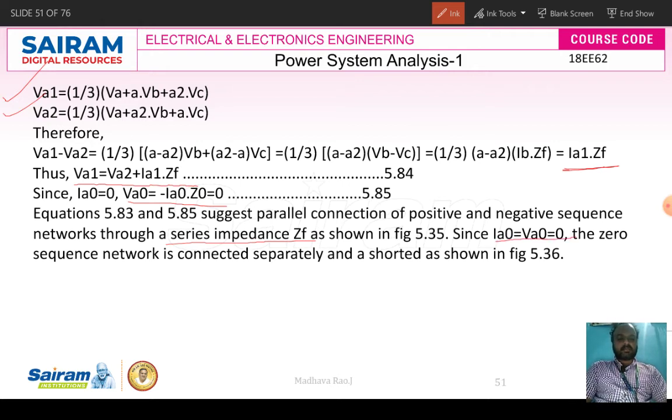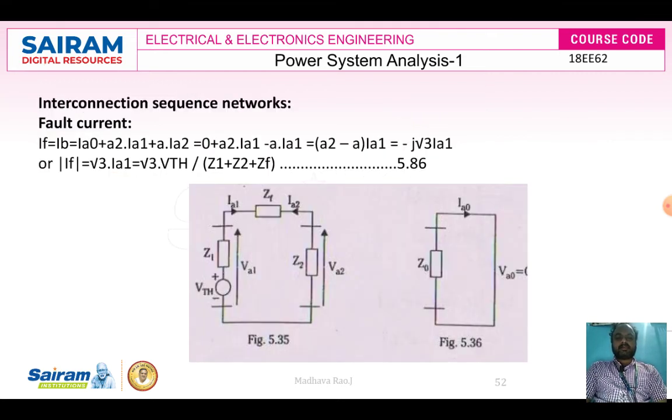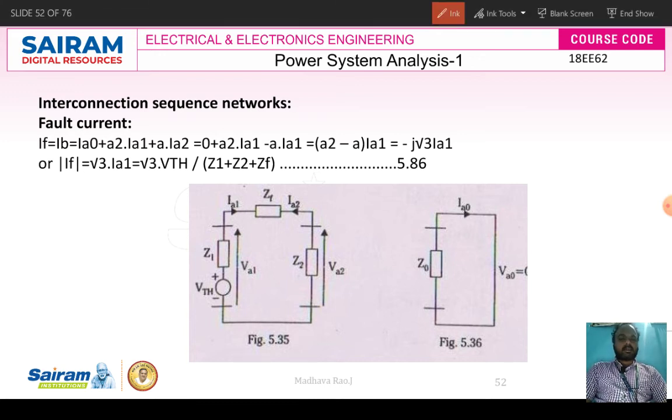So, 0 sequence voltage and 0 sequence current are equal to 0. That is why, in the sequence network diagram, the 0 sequence we have to show separately. So we will see the sequence network diagram. In this diagram, the 0 sequence diagram is separated. Positive and negative sequences are connected in series with fault impedance.